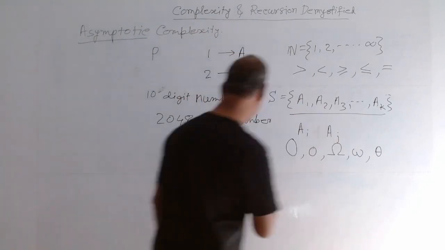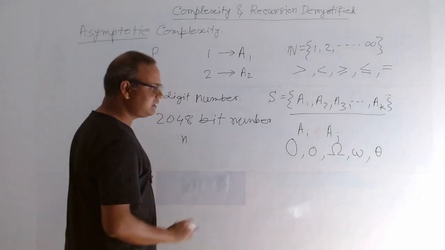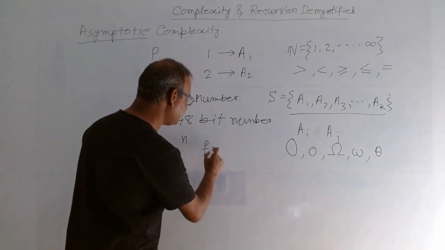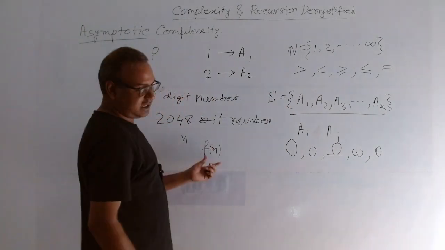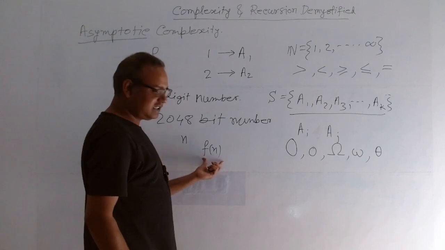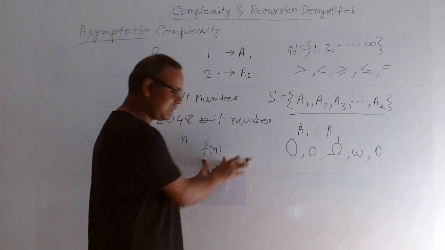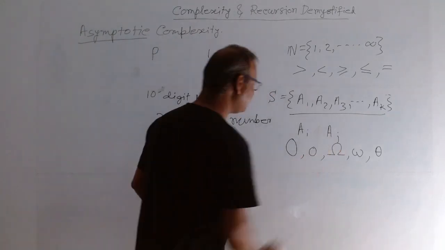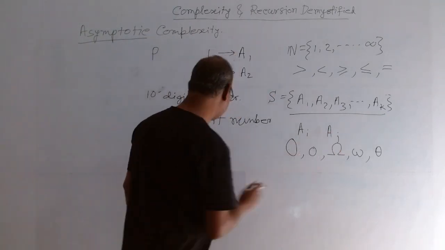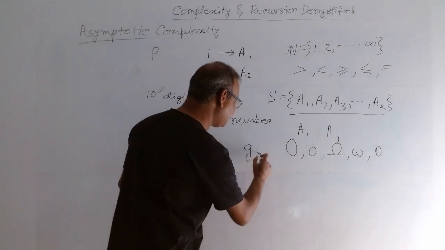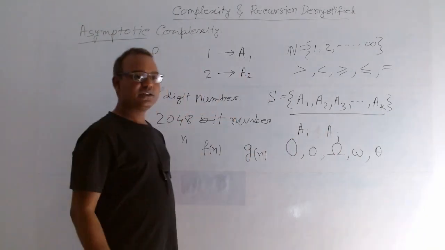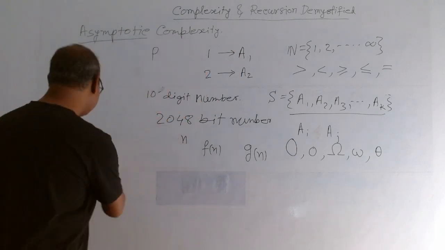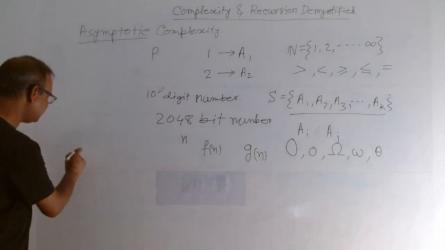Let us assume the input size is n and the complexity of algorithm AI is f(n); if the input size is n, the total time taken will be some function of n. The same for the second algorithm is, let's say, g(n). So which one is better? There is a definition. First, let me write the definition of big O.